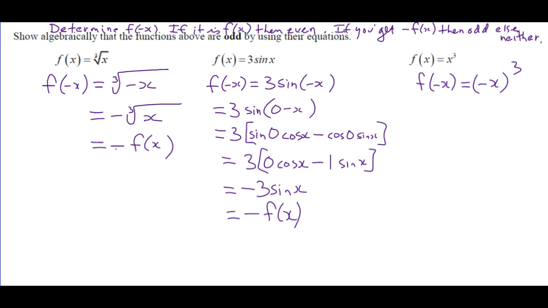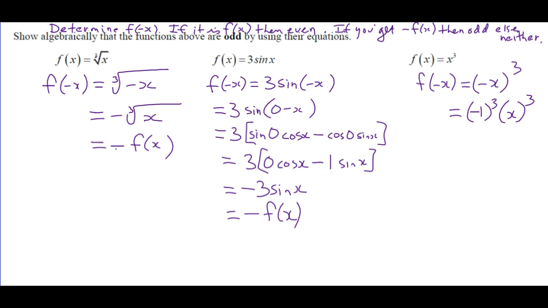Okay, if f of x is x cubed, again testing for even or odd, you always do f of negative x. And then you say, okay, what do I end up with? Well, I get negative x cubed. That's really like negative 1 cubed times x cubed, because negative x is negative 1 times x.